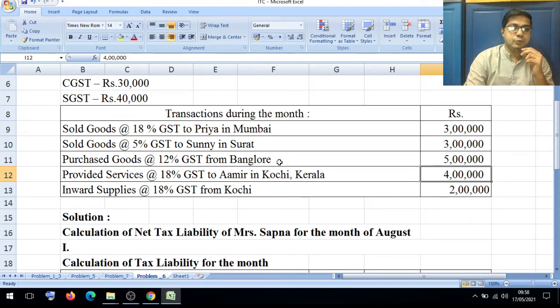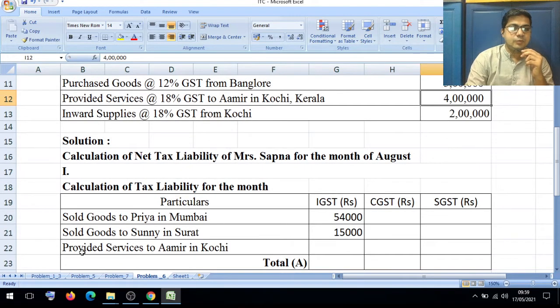Kochi is a city belonging to Kerala, and Sapna belongs to Kerala. It means service is provided within the state. So we have to write here: provided services to Amir in Kochi.